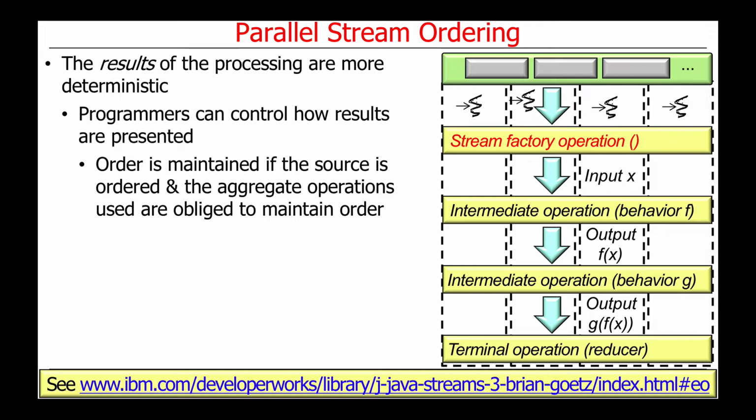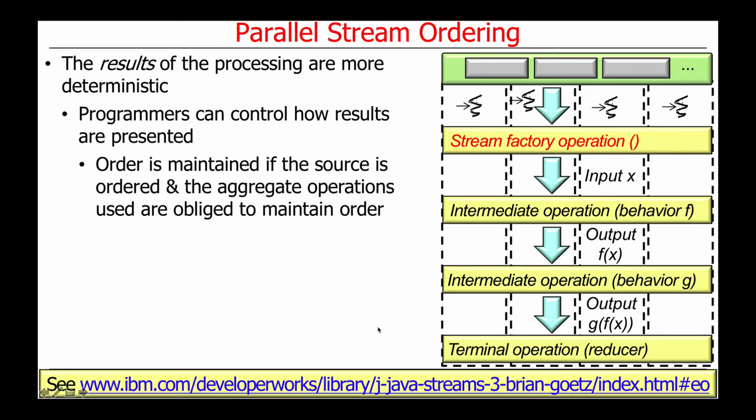The order of the output will match the order in which the data input is encountered under certain circumstances. I'll give you the overview, and then we'll talk about this in more detail, because it's kind of important to understand this. The output order is maintained, or what's called the encounter order. That's the order in which the original input came in, if the source is ordered and the aggregate operations that are used are obliged to maintain the order. Okay, that probably doesn't help at all. It doesn't explain anything. So I'll go into that and talk about it in more detail.